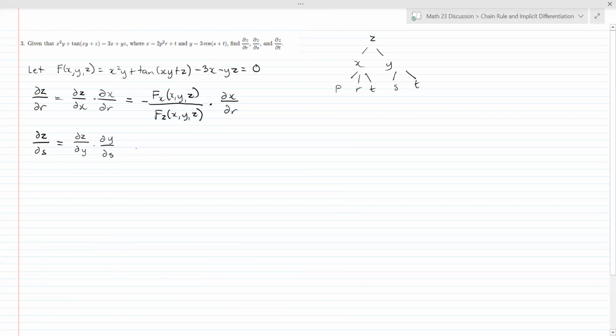And then, pero yung partial ng z with respect to y, gagamitin natin yung technique sa implicit differentiation. Parang ganyan. So, f y here over f z times partial ng y with respect to s.